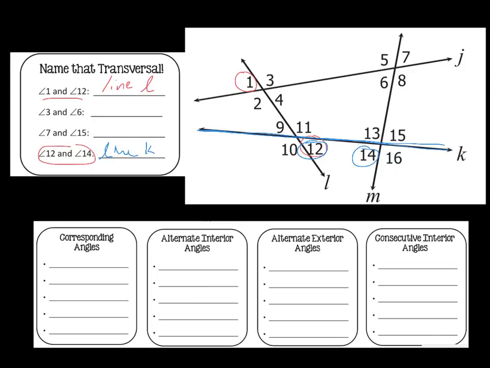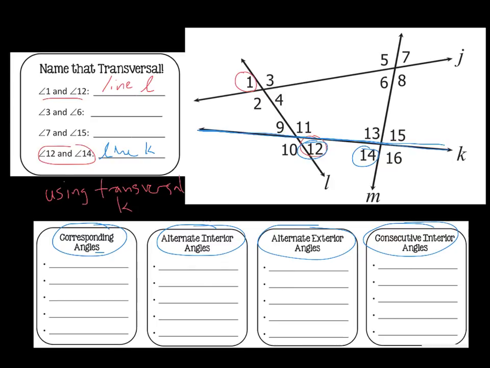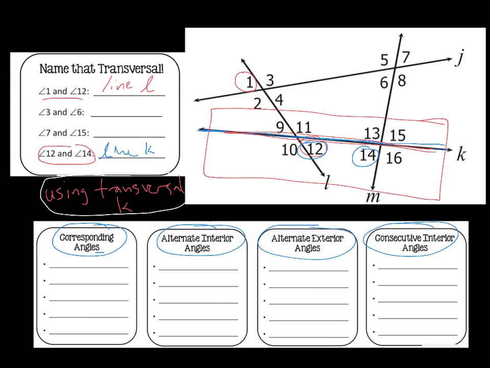Across the bottom, what I'd like you to do is name all of the corresponding angles, all of the alternate interior, all the alternate exterior, and the consecutive interior for the following transversal, using transversal K. So that's right here, and this is going to be our group of angles.